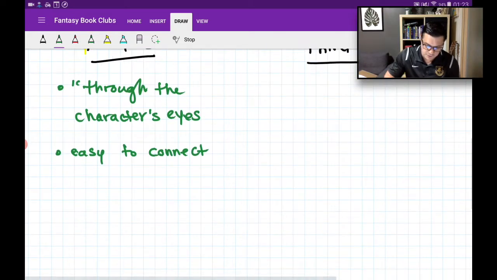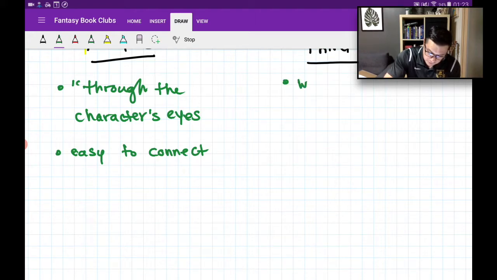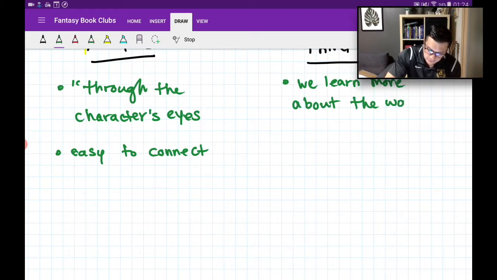Now with third person, we learn more about the world. So in fantasy, this is useful because we learn lots of the rules of the fantasy world with the character, but it's being told from an outsider's perspective.